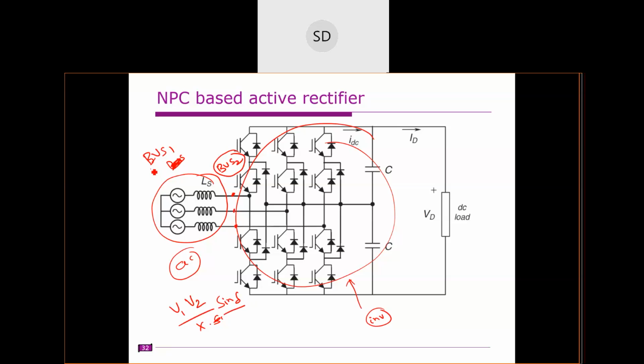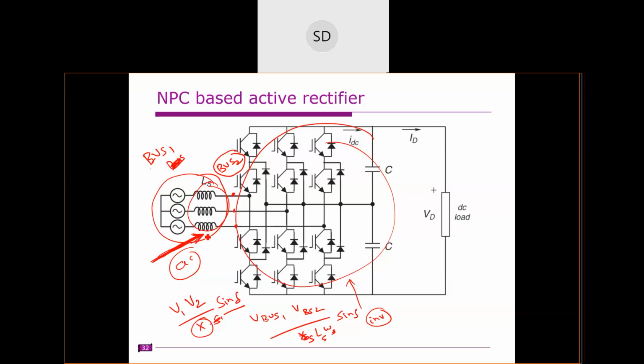In this case, this is V bus 1, V bus 2 and some angle, and this X is basically XS, or in other words, L times omega S, or LS into omega. Clear? That means this inductor is necessary to have a power flow.